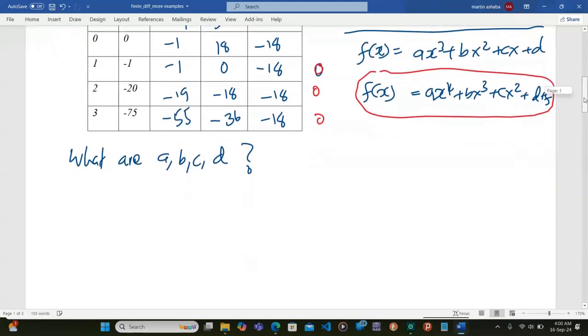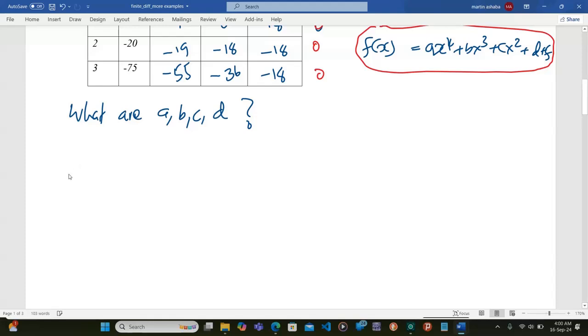So how do we proceed? Now we are going to record this formula of a n factorial equal to the third difference.